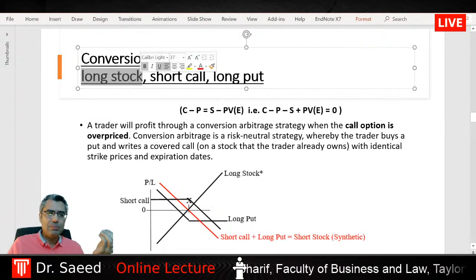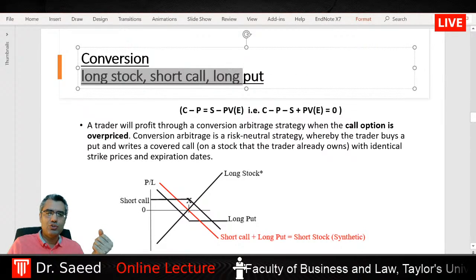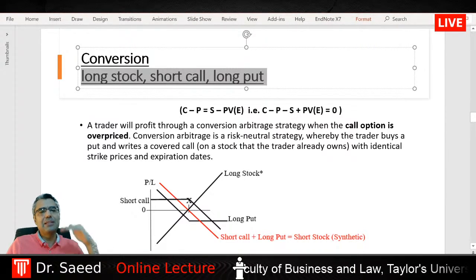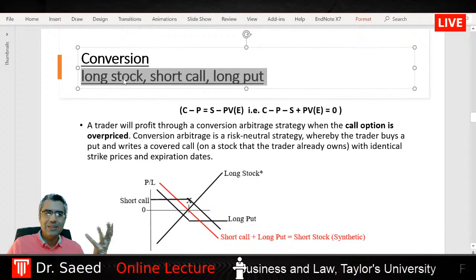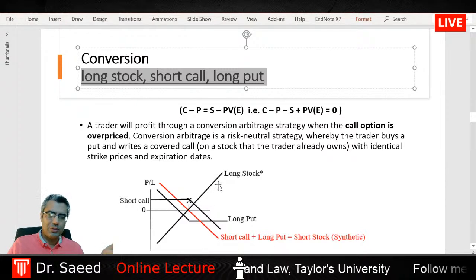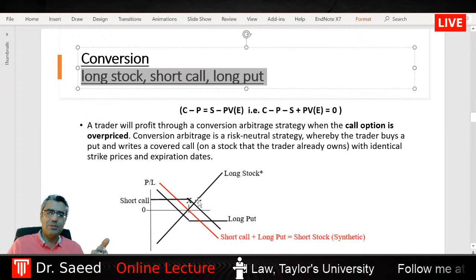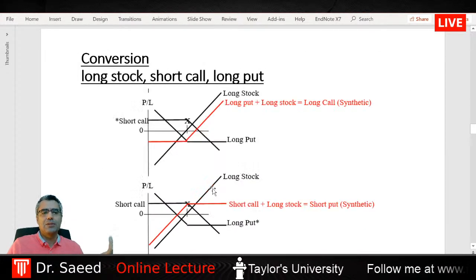At the same time, please long stock and long put, because the overall of these three is a flat line and it's a bit above zero. When there's mispricing, it is a bit above the zero line, meaning profit. I was just showing you using diagrams that when you combine these three, you will always get a flat line.